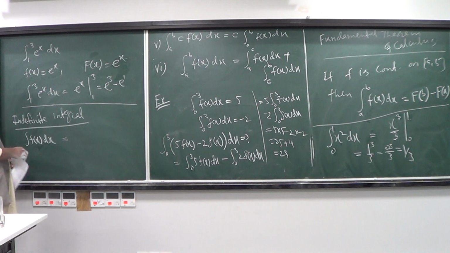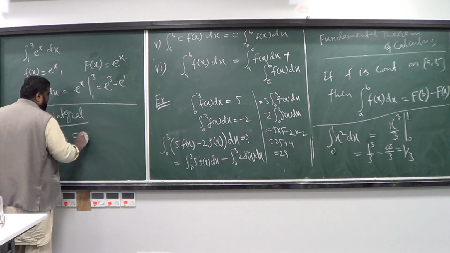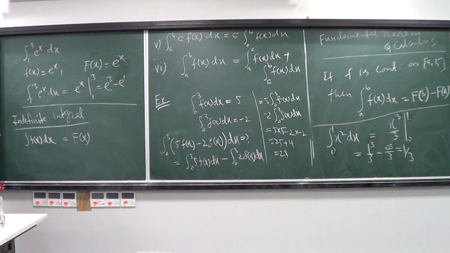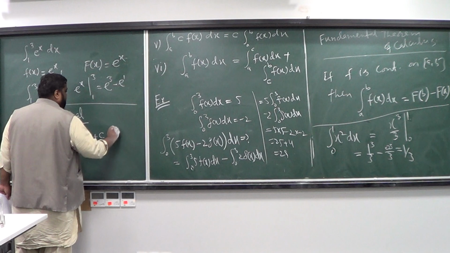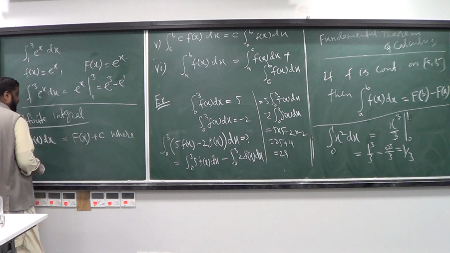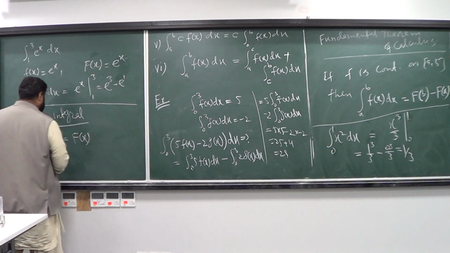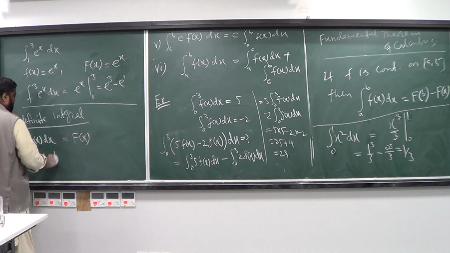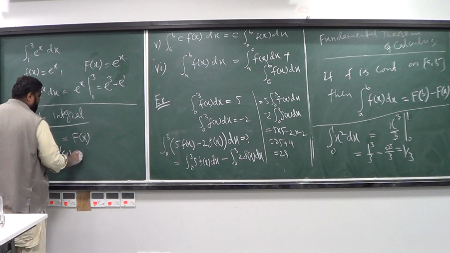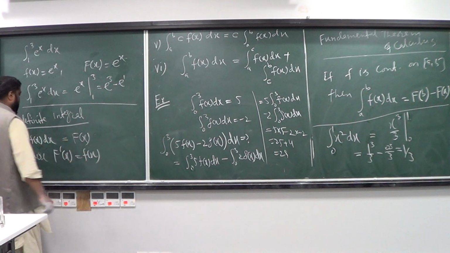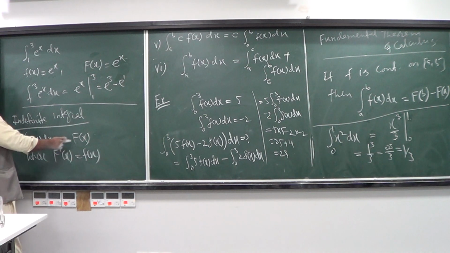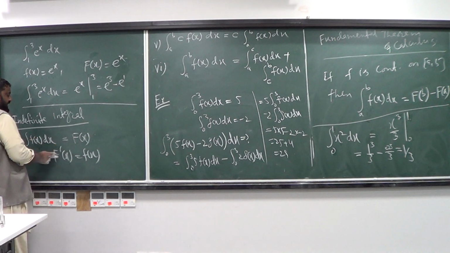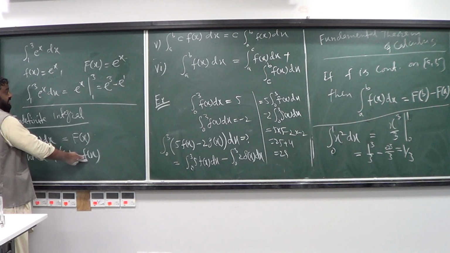So the output of this is going to be capital F of x plus c, where F prime of x is equal to f of x. So the integral of some given function is a function whose derivative is this integrand.